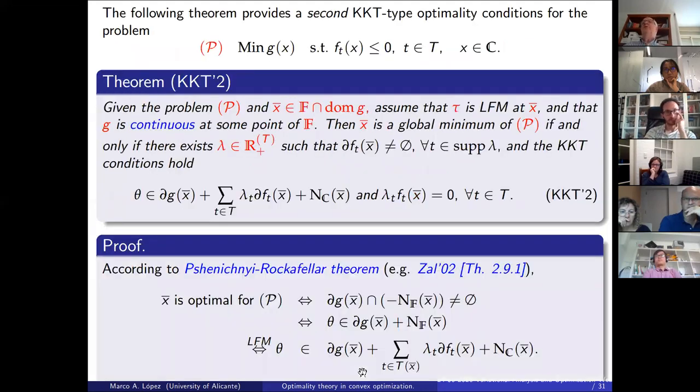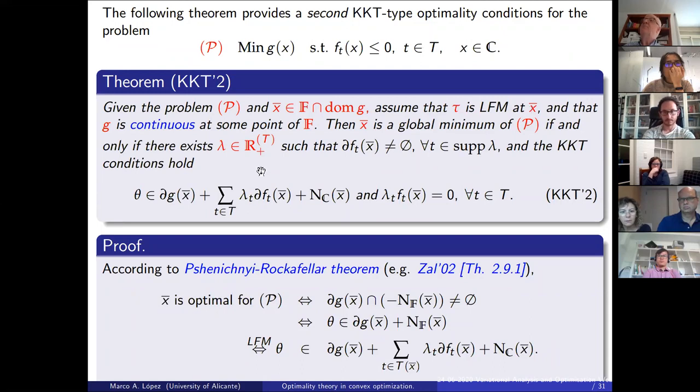The second set of conditions is the same, by the way, no problem. Again, this is my problem, no novelty. Again, I'm assuming that the system has this property, G is continuous, the objective function at some point of F, and the system now is locally Farkas-Minkowski at this point, candidate to be optimal.